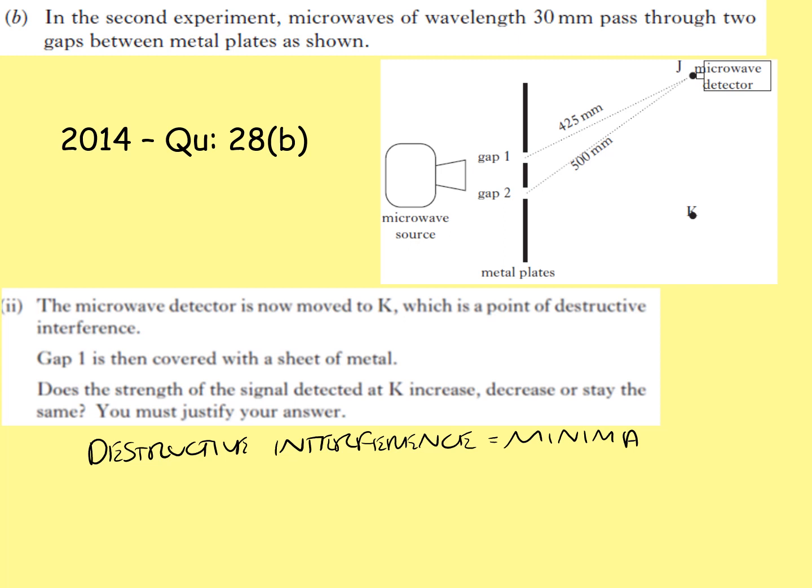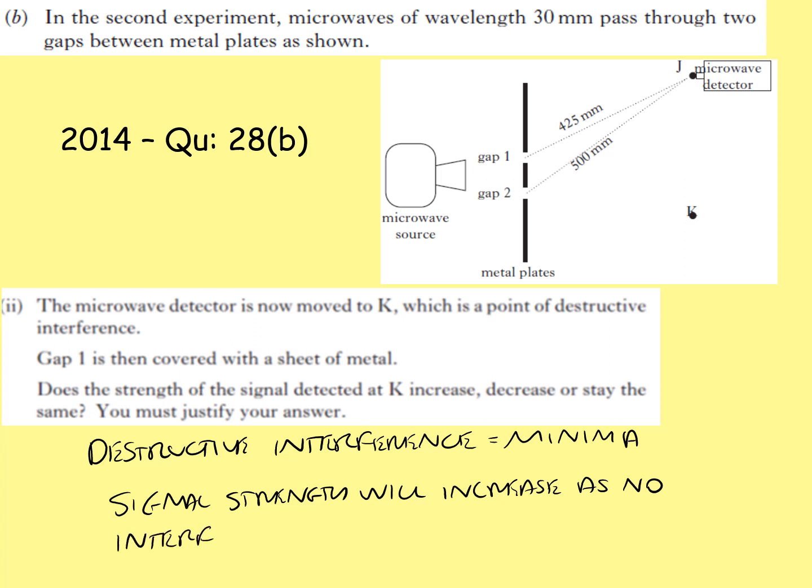So we get a low signal. If I cover over one of the gaps, gap 1, then I have only one single signal. There is no destructive interference occurring, therefore the signal strength will increase, as no interference is taking place.